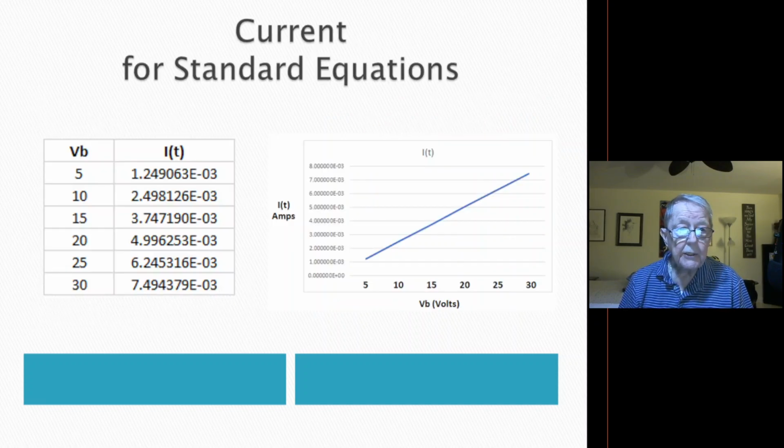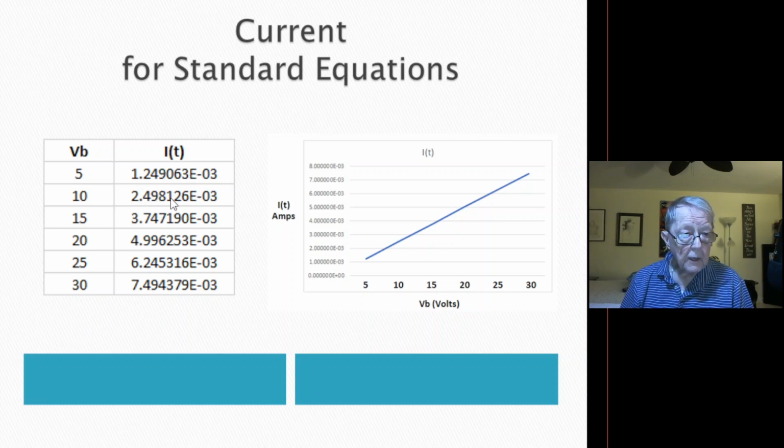spreadsheet calculations. And here's the current I got for the standard model, where they say the current is the same all the way around. Here I'm only showing you the total. At 5 volts, it was 1.25 milliamp. This is e to the minus 3, a milliamp.